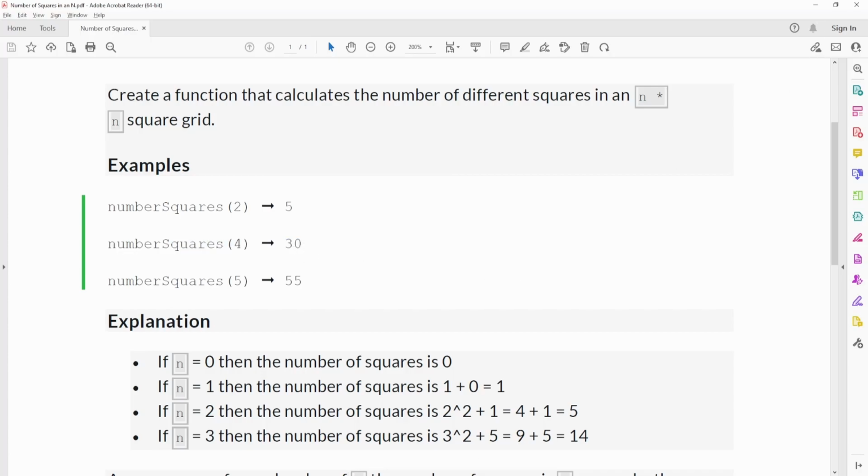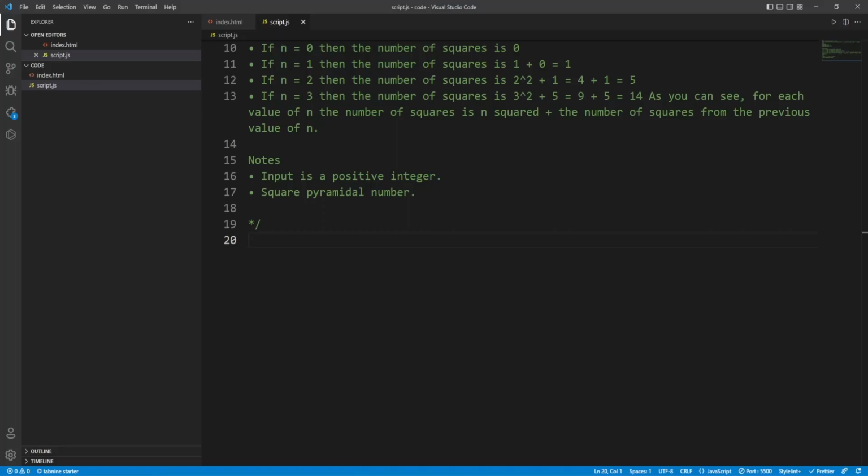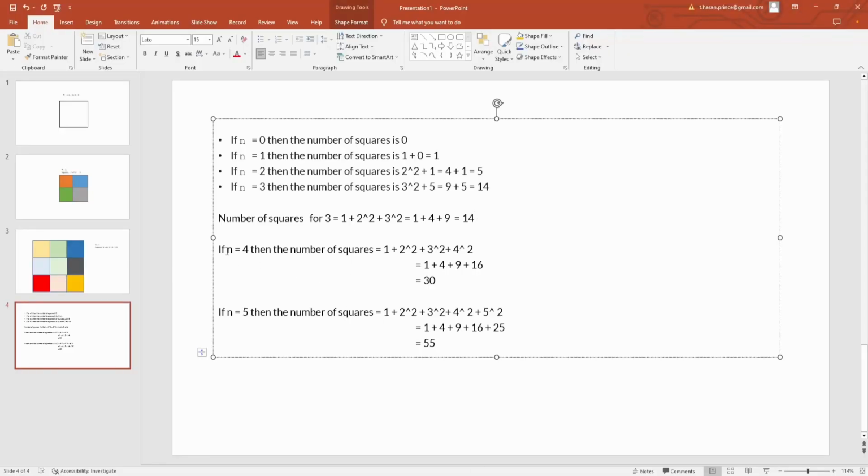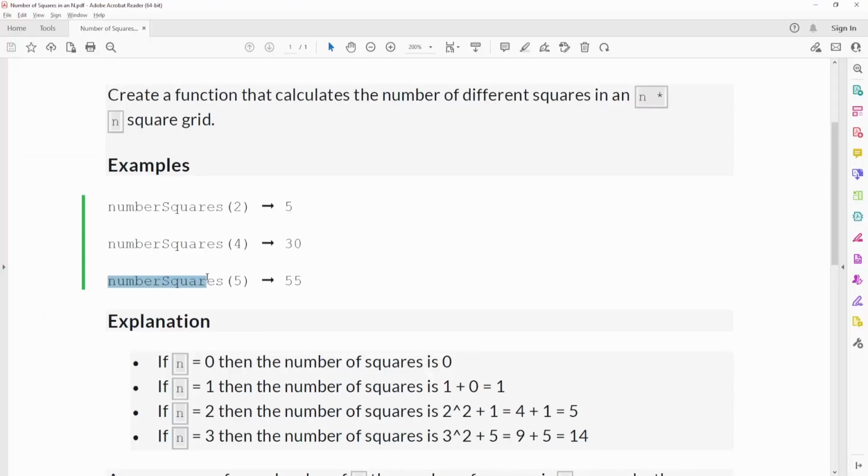Now, if we follow this trend, n is equal to 4. So if I add all the previous squares, then we should get 30. So 1, 4, 9, 16. So we get 30.